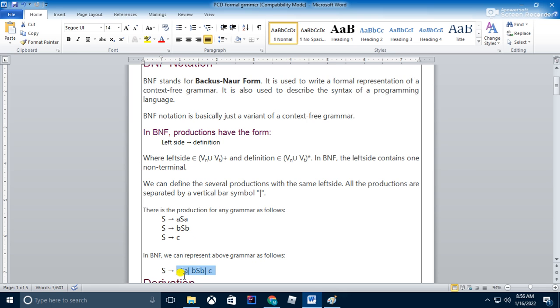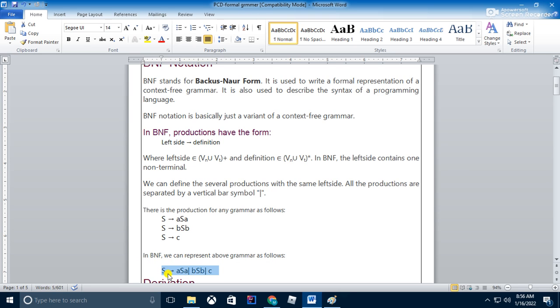So S can be replaced by aSa, bSb, or c. Here a, b and c are terminals and S is the non-terminal.